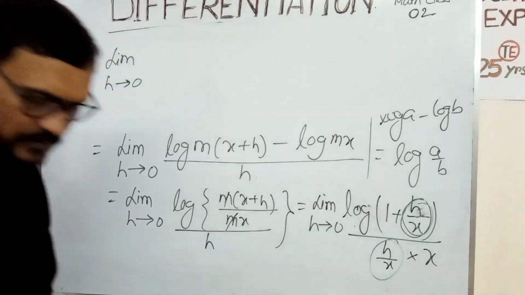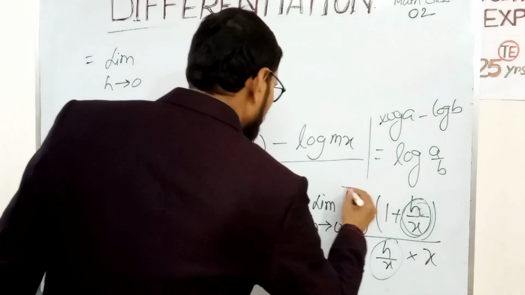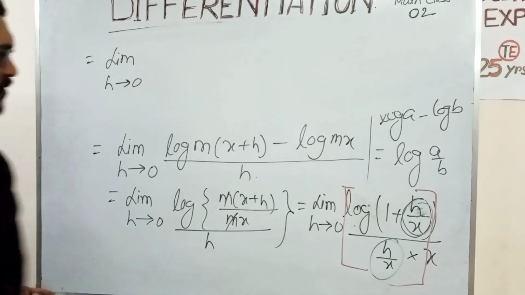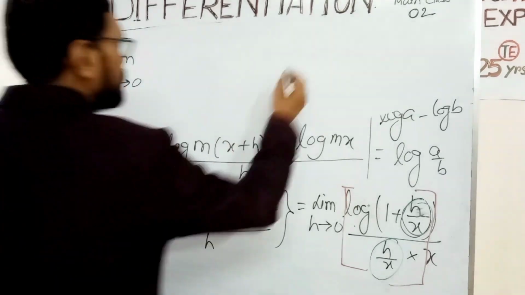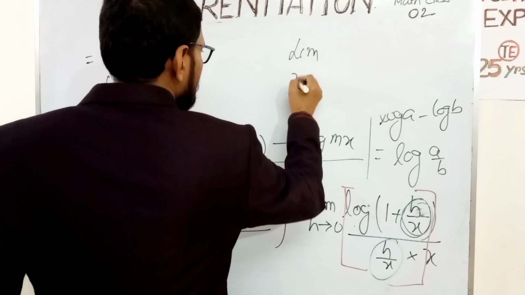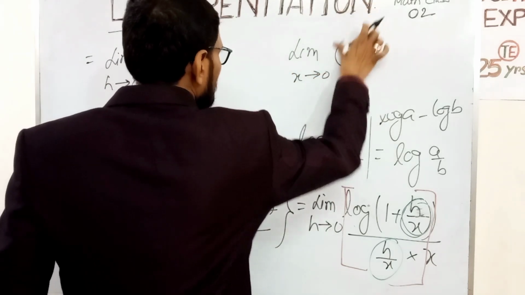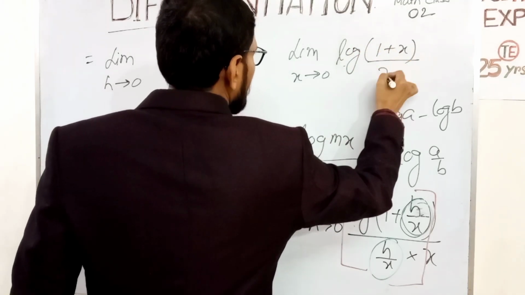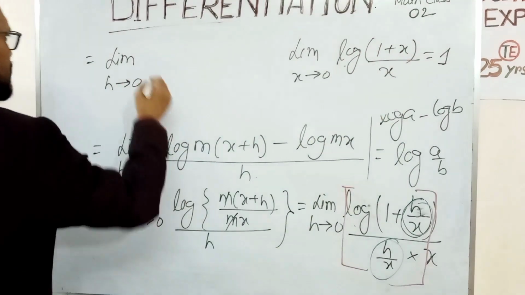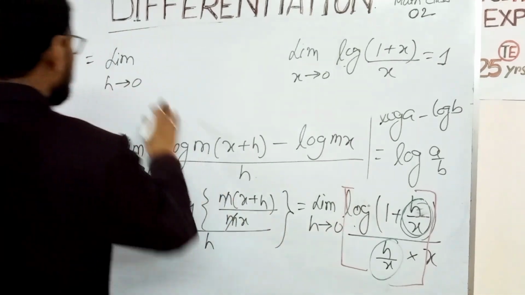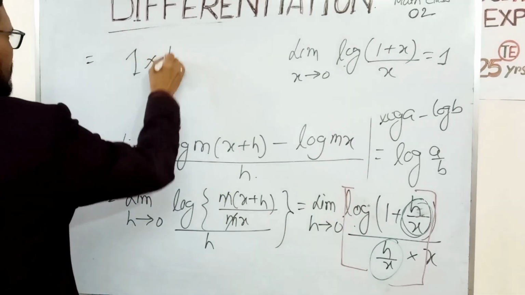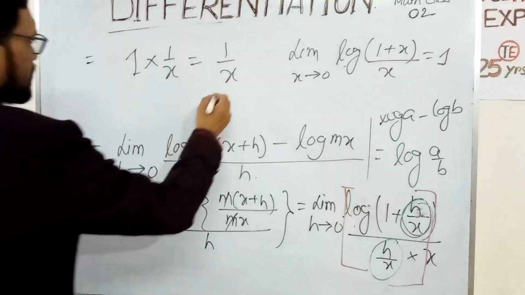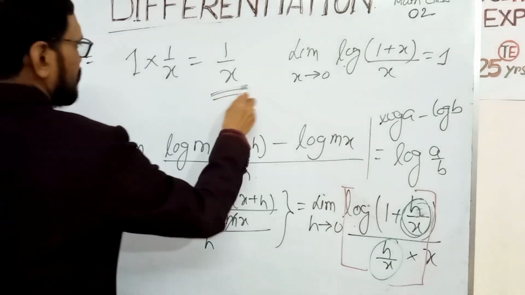Now this whole term becomes 1, because of the limiting formula: limit x tends to 0 of log of 1 plus x by x becomes 1. So this is 1, and the value will be 1 by x. So the derivative of log mx is 1 by x. This is the answer.